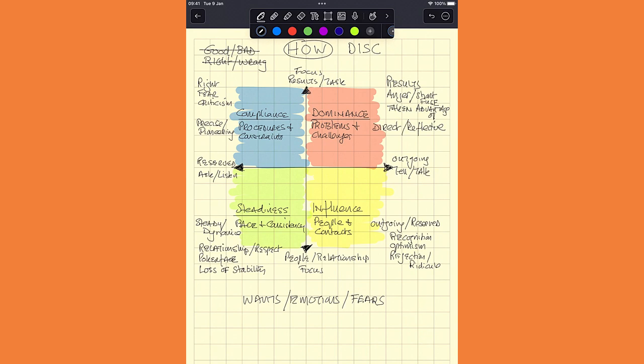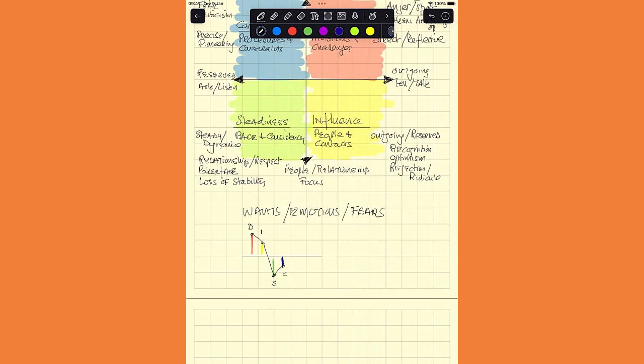The next important thing is, of course, that none of us are any one style. We are a blend of the styles. So for example, here is my graph. When we look at my DISC graph, you can see clearly that we have somebody who is very direct, outgoing, tell talk, reinforced by the I, which is also outgoing, tell talk.